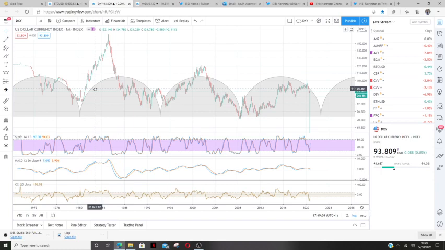So the time period between the lows, if you're starting in 1980, then you get 1995, 96. That would be 25 years, something like 25 years. And then the next one again in 2010, that sort of period.